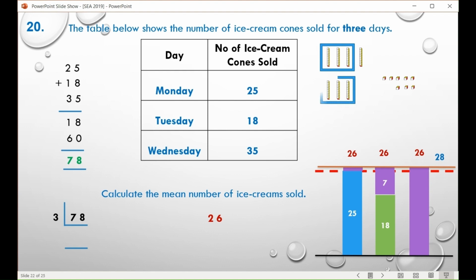We can make a second group of 3. Could we make a third group? No, we don't have enough. We have 1 remaining. So how do we indicate that? We say 3 into 7 rods, or 7 tens, will give us 2 groups. And we will have 1 group of 10 remaining.